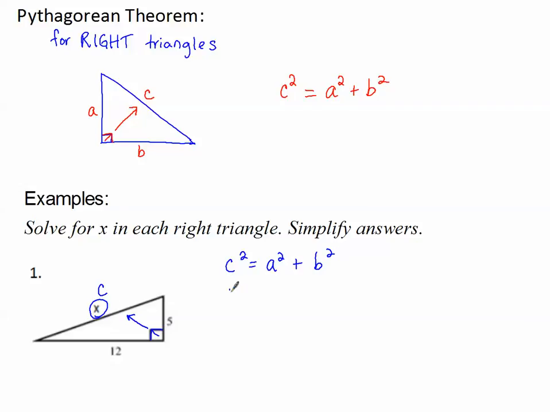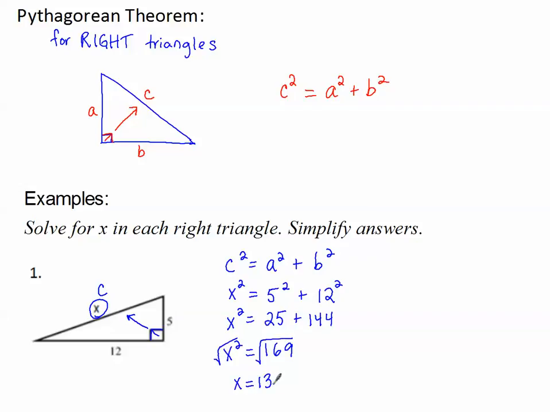C is x, so x squared equals, now A and B are the legs. Being that we are adding them, it doesn't matter which one comes first. We can say 5 is A, so 5 squared plus 12 squared. We can grab a calculator if we need to, or evaluate 25 plus 144. So x squared is 169. Take the square root, and x is 13.